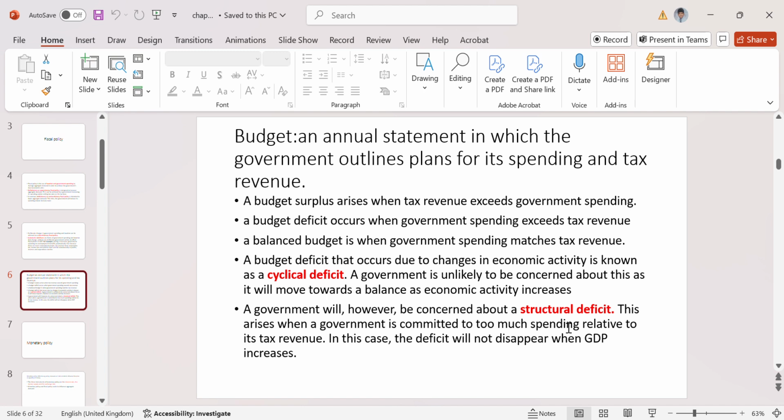The other one is structural deficit, and with this deficit, the government is much more concerned. In order to remove this deficit, the government has to take necessary steps, and this deficit arises when the government is committed to too much spending as compared to its tax revenue.